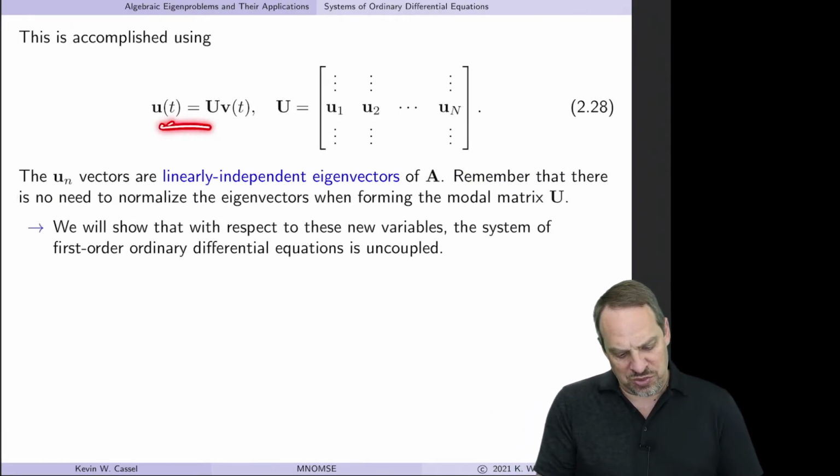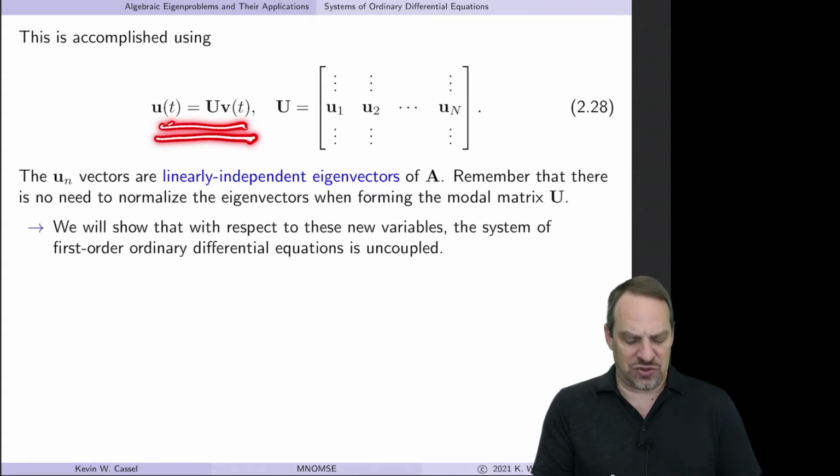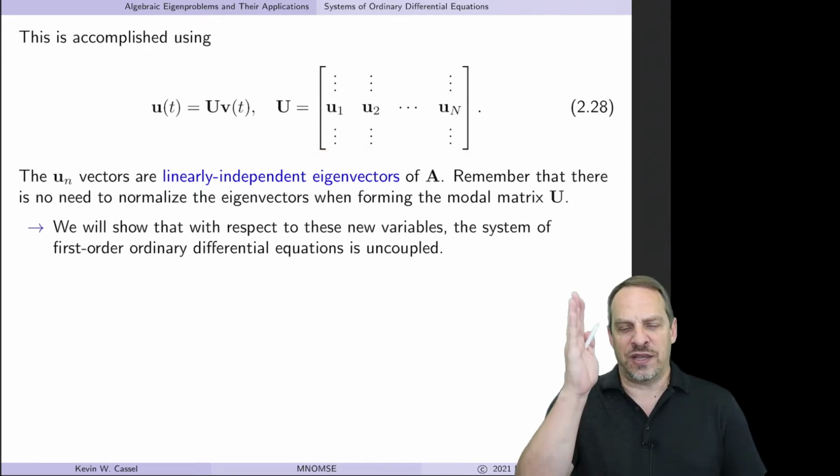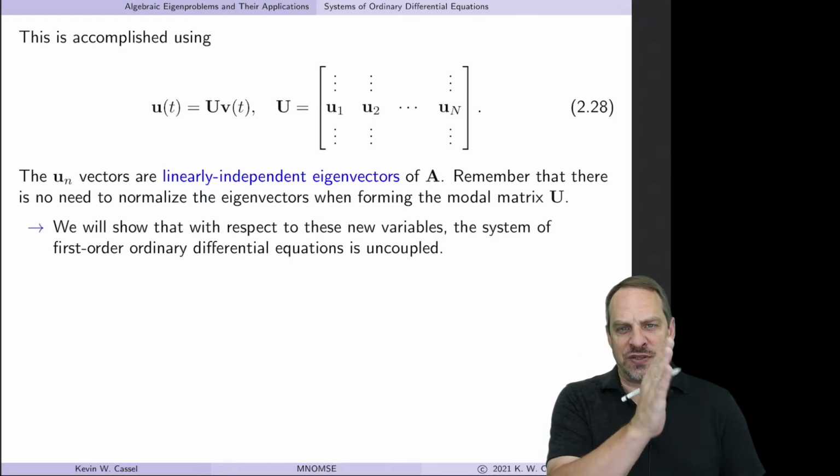So that's going to be based on this transformation. So this is our original variable, u, so that's u1, u2 through un. Our new variables would be the vector v, v1 through vn, and the transformation matrix is going to be this modal matrix U, which, as before, will be comprised of the eigenvectors of A as its columns.